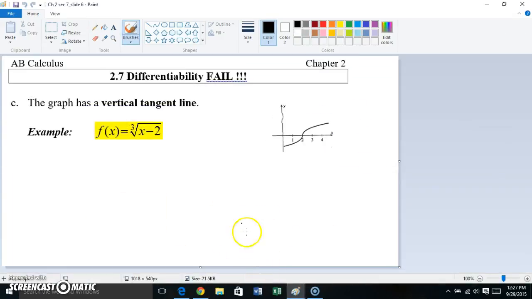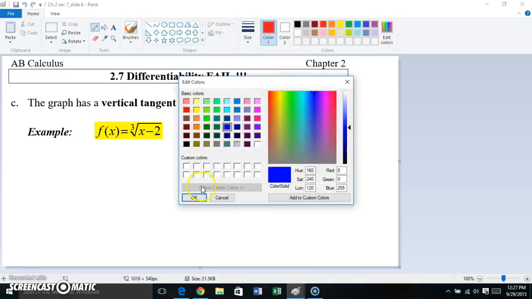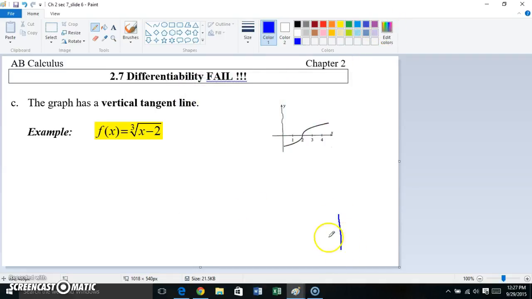Okay, the third kind of differentiability failure is when there is a vertical tangent to a graph. So do you remember the cubic graph? Right, just y equals x cubed. It looks like you're changing lanes from north to south, right? At the origin, technically there is a 0 slope right there.